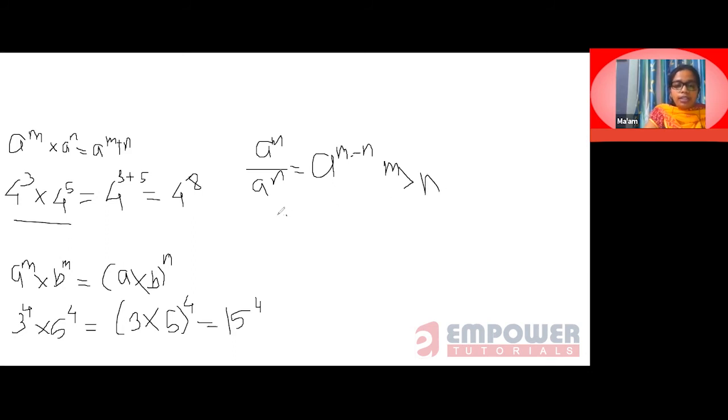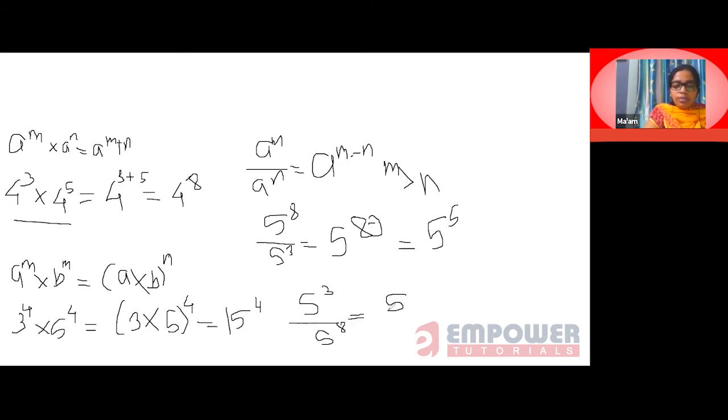So in this case, 5 raised to 8 upon 5 raised to 3 will be equal to 5 raised to 8 minus 3, that is 5 raised to 5, right? But what if I have 5 raised to 3 upon 5 raised to 8? In this case also I will subtract, so 3 minus 8, and I will get a negative answer.